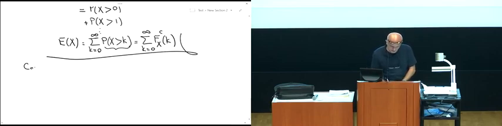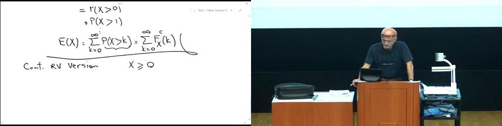Can you tell me what the continuous version would be? So if I have a random variable x that is always non-negative, E of x can be written as what? Instead of the sum, I have what? Louder. Integral.